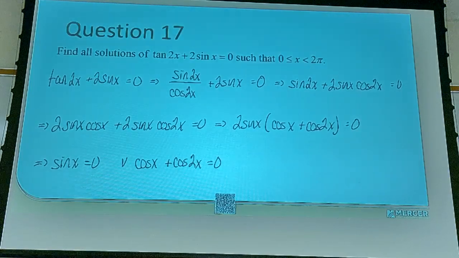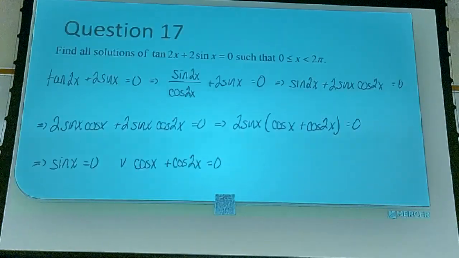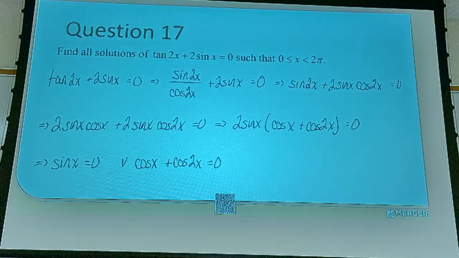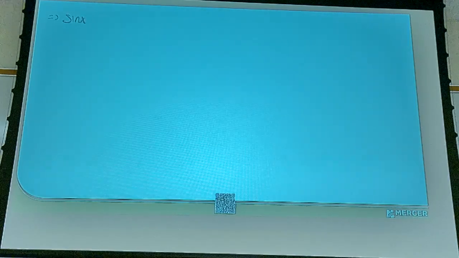Now we need to use a double angle identity on cosine. Use the 2 cosine squared minus 1.